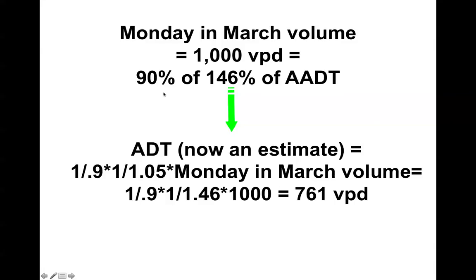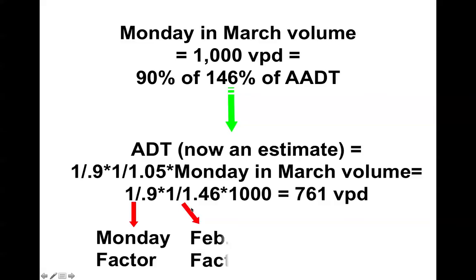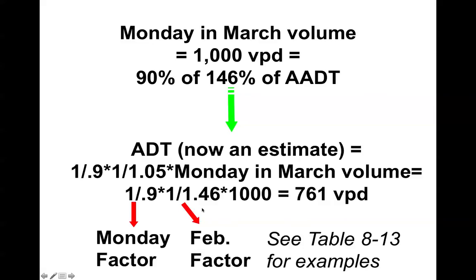So, but anyway, I can just solve for AADT, and this is the estimate of the AADT, 761. This is the Monday factor from our data, from our continuous count station. This is the February factor from the continuous count station. And table 8-13 has some example numbers for you that you could use. I'll be giving you some for your project.